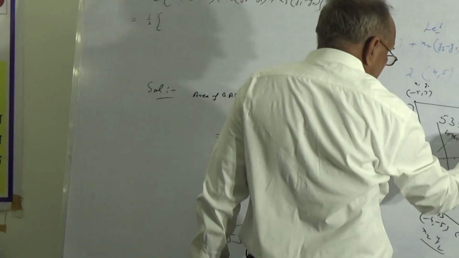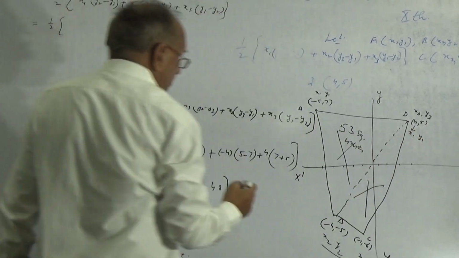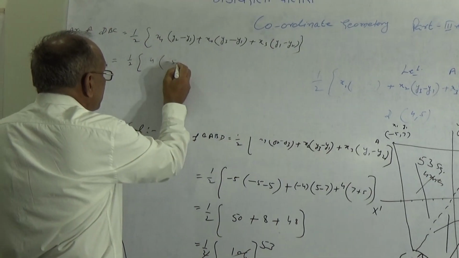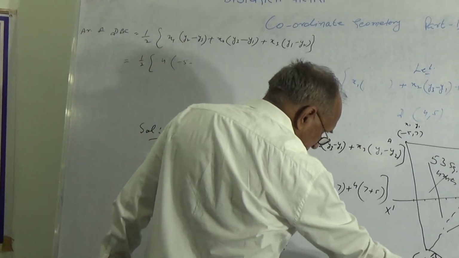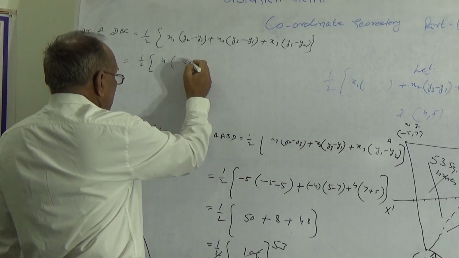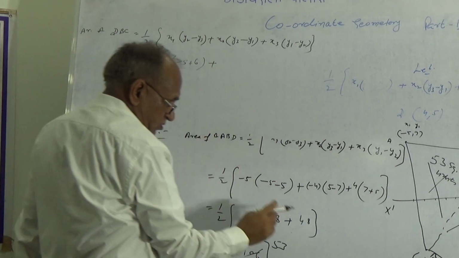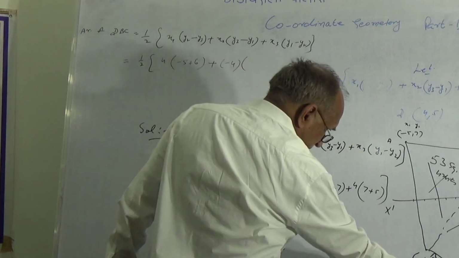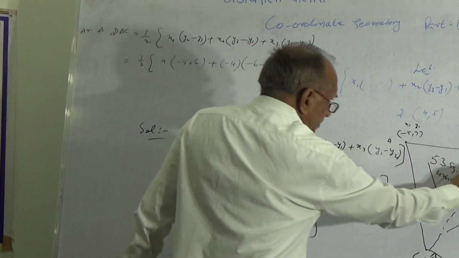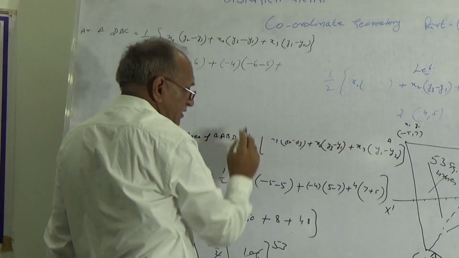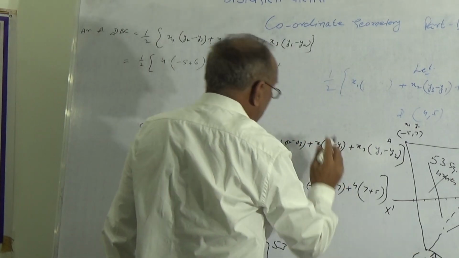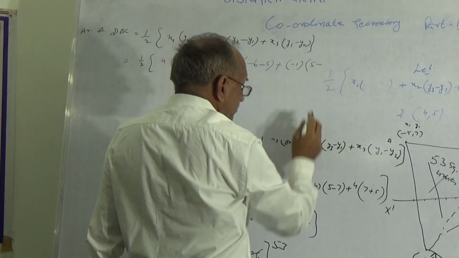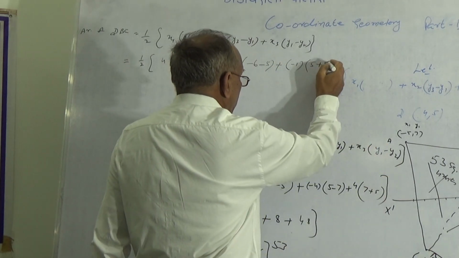Here x1 is this 4, y2 is minus 5, minus by 3 is minus 6, minus 6 is plus 6, plus x2, here x2 minus 4, by 3 minus 6, by 1 5, plus x3 minus 1, y1 5, y2 minus 5 plus 5.